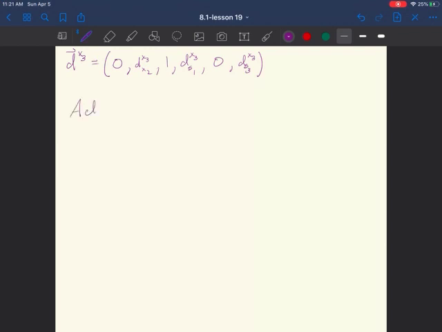And then ds3,x3. Again, I need dx3 equals 0, 0, 0.